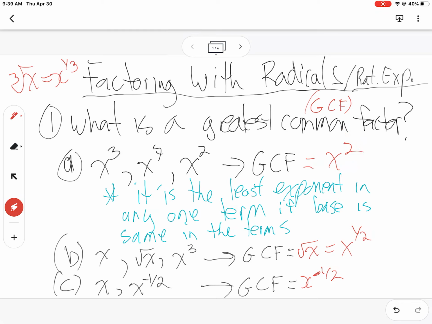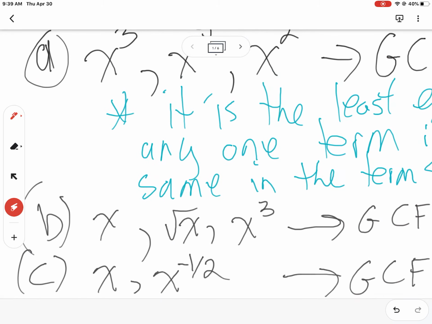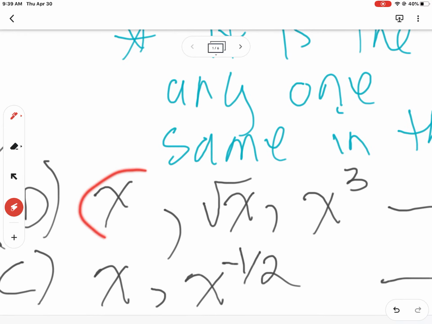So as long as the bases are the same, we always pick the smallest exponent, the least exponent, so x squared. If we go down to b here, if you had that list in front of you, what is the greatest common factor?